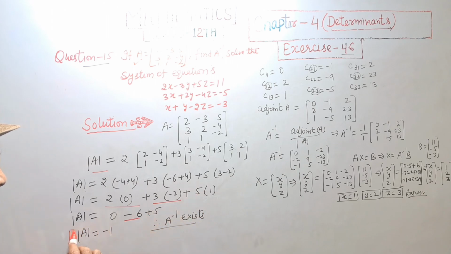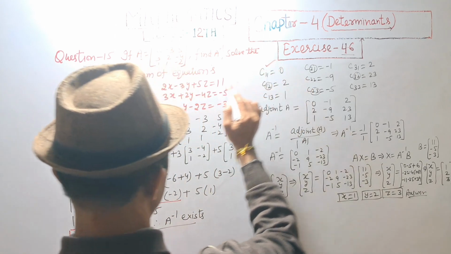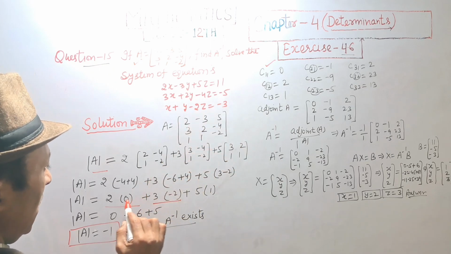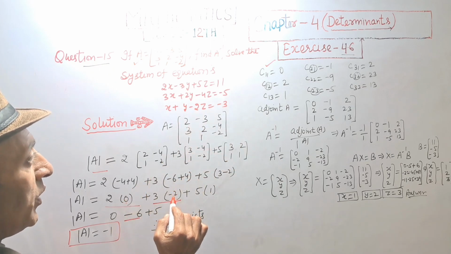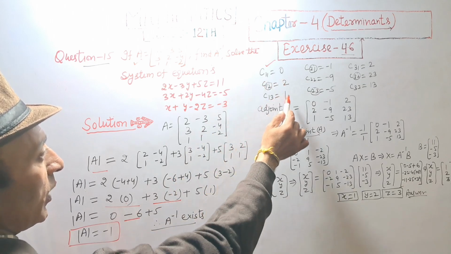We get determinant of A is equal to -1 and A inverse exists, and we find the cofactors. C11, first row first column, neglect, and we get 0. C12 we get minus, minus, plus 2, and C13 we get 1.